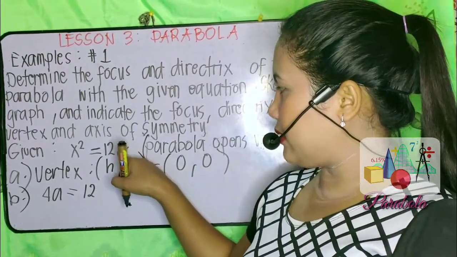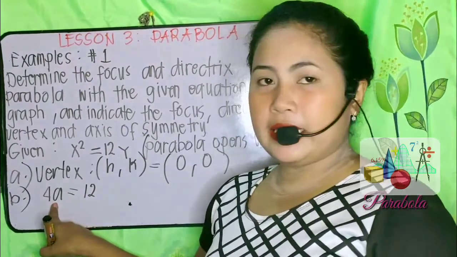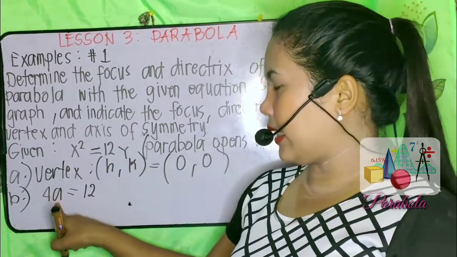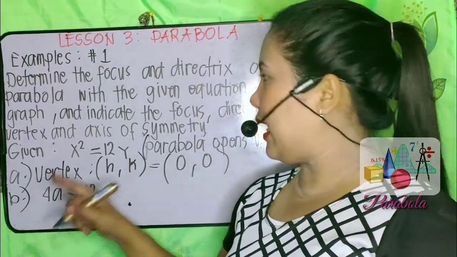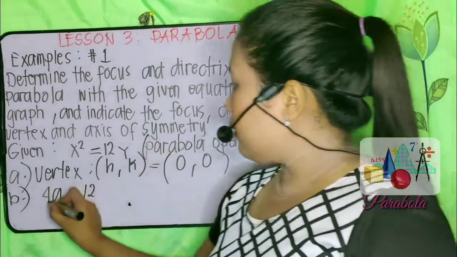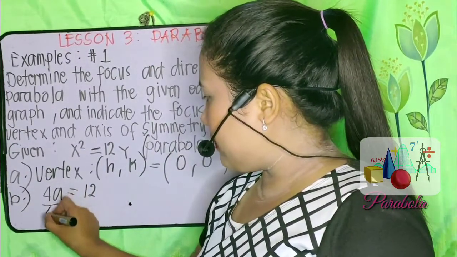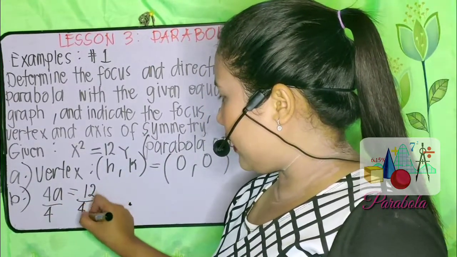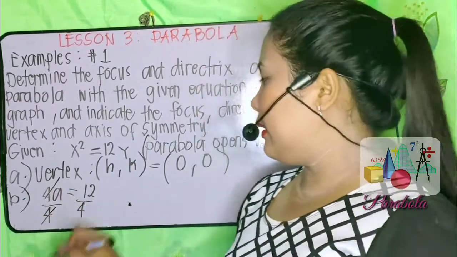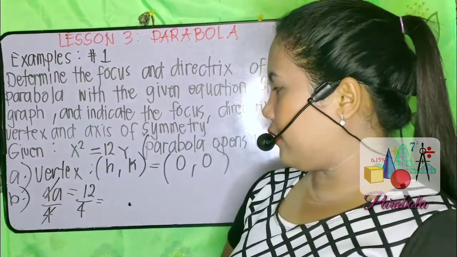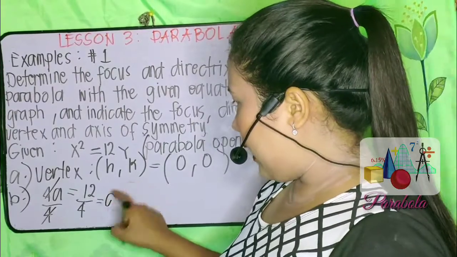Dito po. Then, para matanggal natin yung katabi ng a, para makuha natin yung a, we're going to divide both sides by 4. Then the value for a is 3.